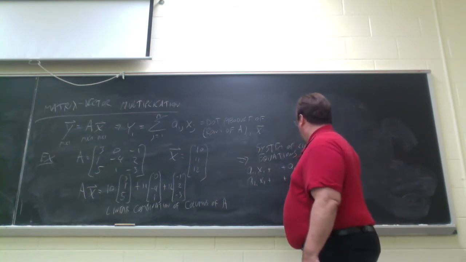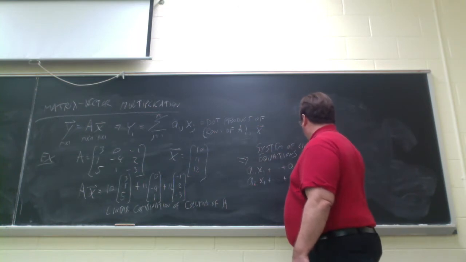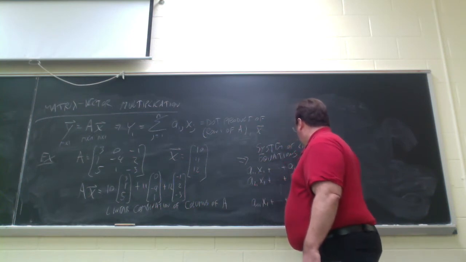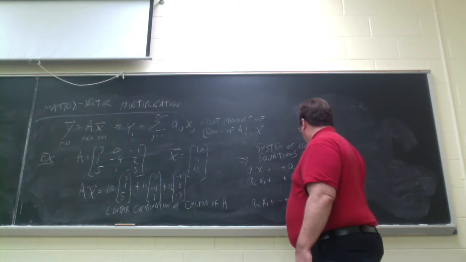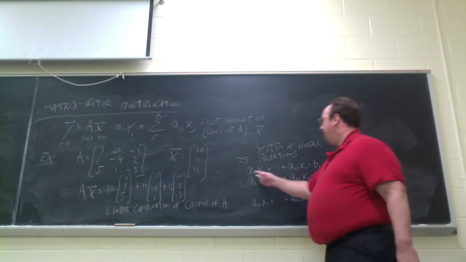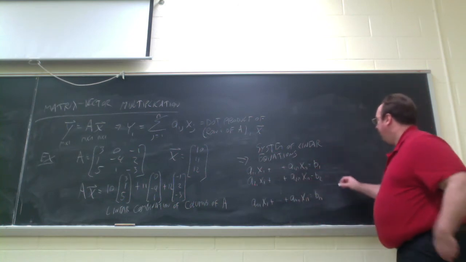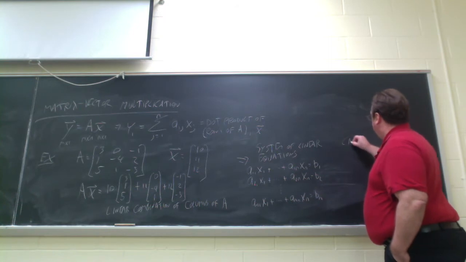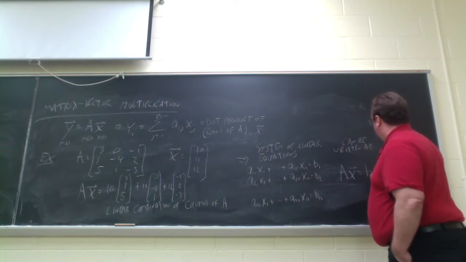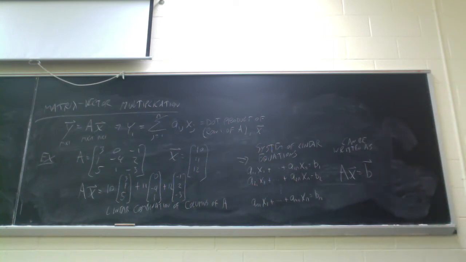I wrote a system like this out before on Tuesday, up to amn xn is equal to bm. What's happening here is this is matrix vector multiplication. Okay, so that's quite convenient that we now have a succinct way to describe these systems. Okay.